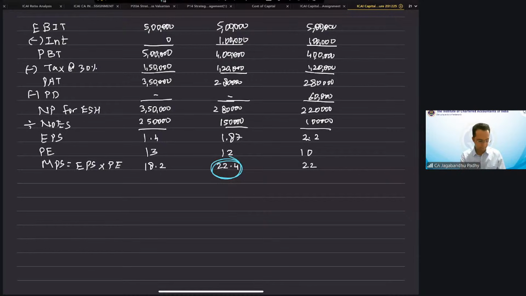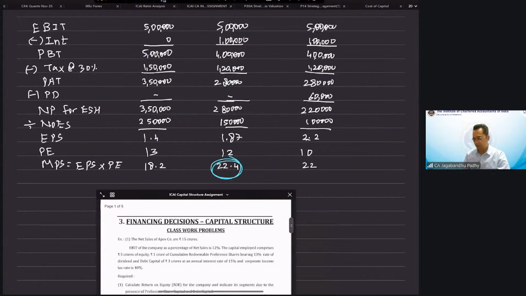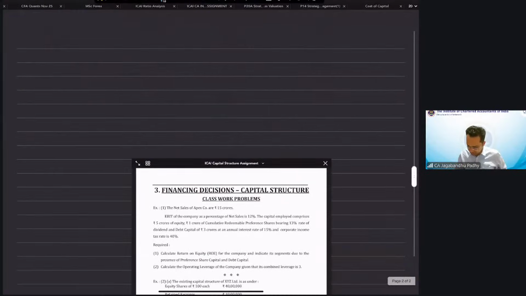Very good, everyone. Clear? Okay. So that's how you choose the particular plan for raising of money, which will lead to maximum market price per share, guys.